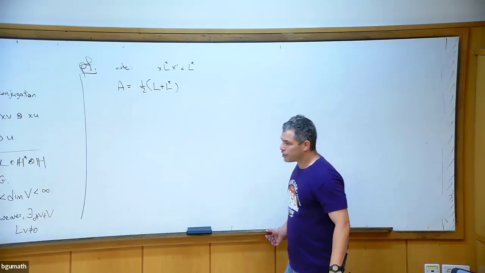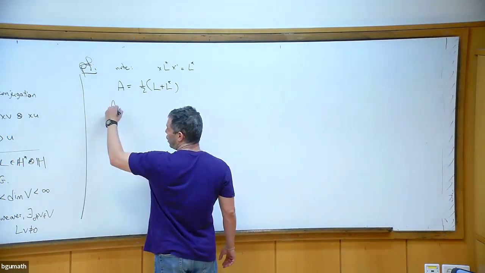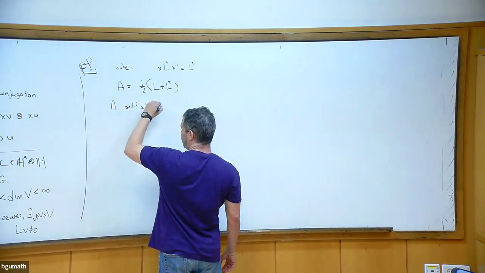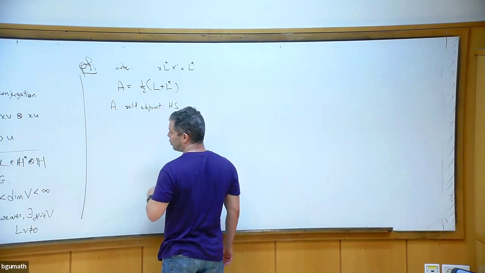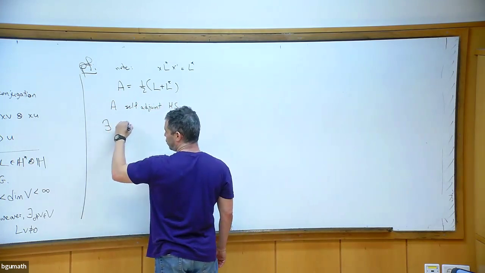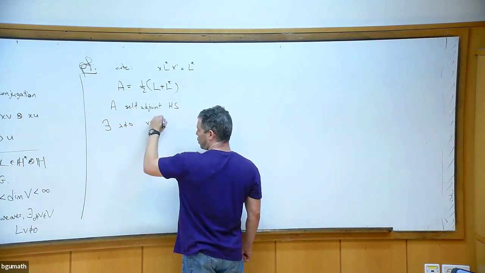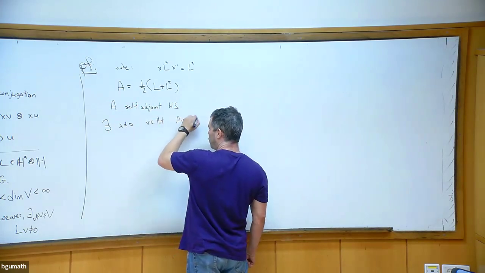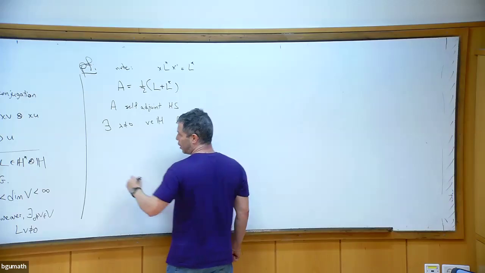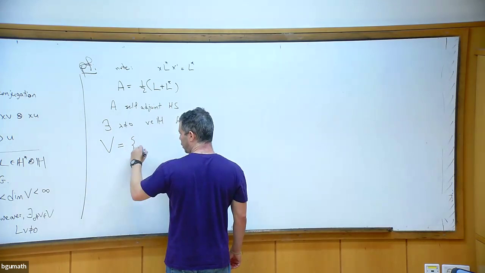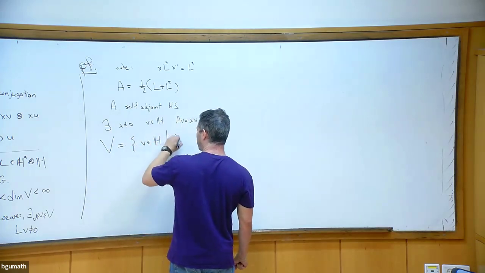Okay, so A is now self-adjoint, Hilbert-Schmidt, right? And so there exist non-zero lambda and V such that AV is lambda V. And so we can take V to be the space of all V in H such that AV is lambda V for this lambda.